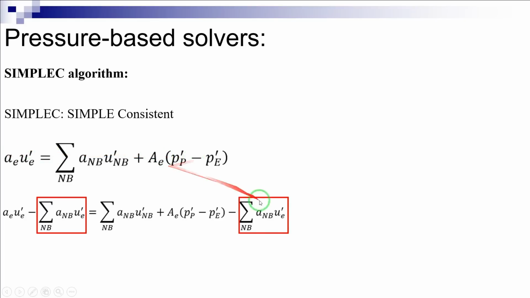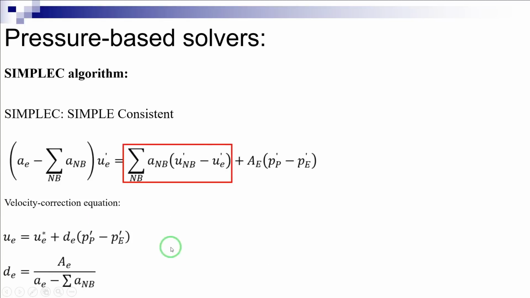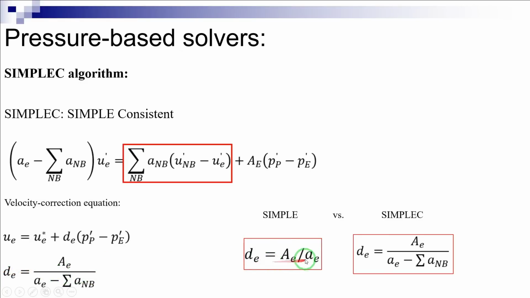Here, we subtract this phrase from both sides of this equation, and as a result, we will have this equation. Neglecting the first item on the right hand side, we have the velocity correction equation as shown here, where dE is defined using this equation.